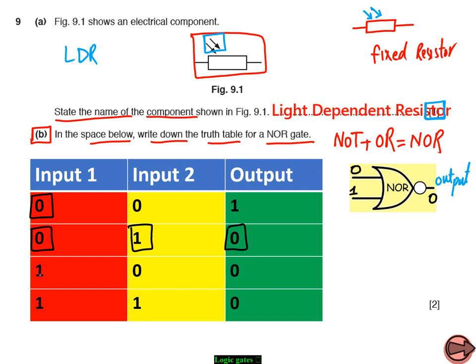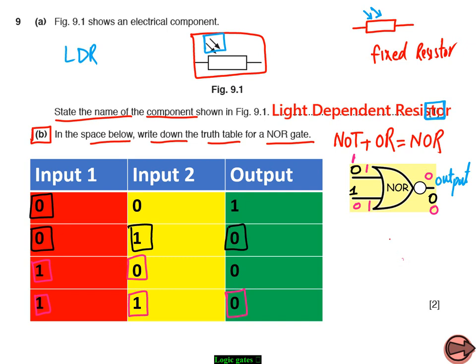If one input is 1 and the other input is 0, our output has to be 0 again. Now the last one, if one input is 1 and the second input is also 1, output has to be 0. It is just the inverter of the OR gate.